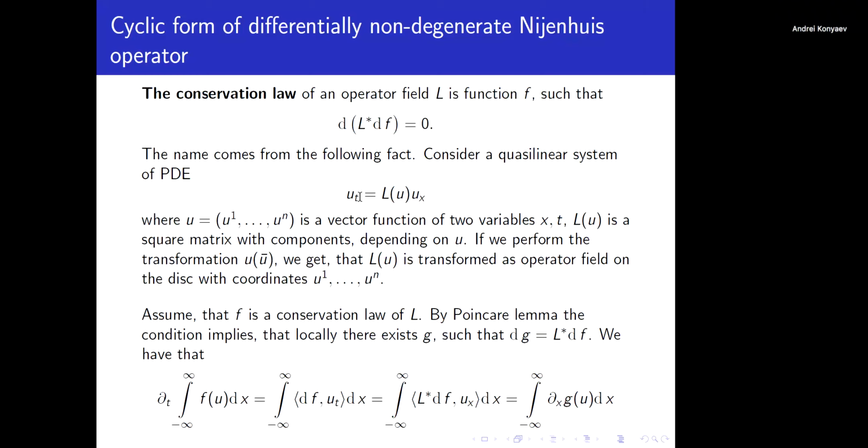So if we take a solution decaying at infinity, then we get that the value of g at both plus infinity and minus infinity is the same. So this integral is 0 in some sense. If it is 0, then this is a conservation law, right? It means that this integral is preserved with respect to this system. Differentiating in t, its integral does not change in t.